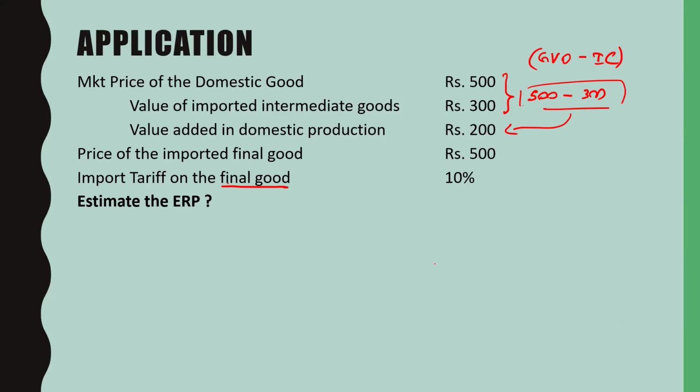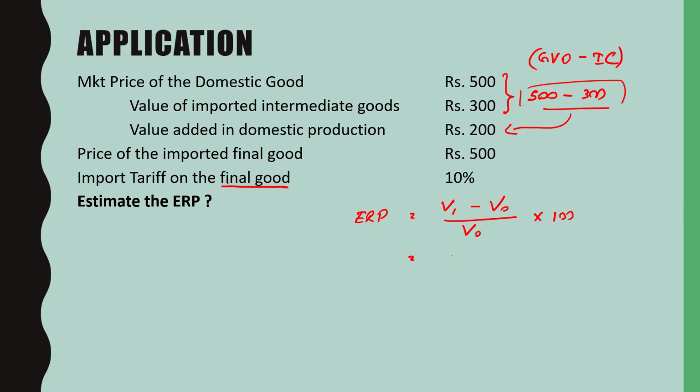I'm just recommending something; you decide how to manage the space. Write the formula: effective rate of protection equals (V1 minus V0) divided by V0, multiplied by 100, so we get a percentage. Now apply the values.